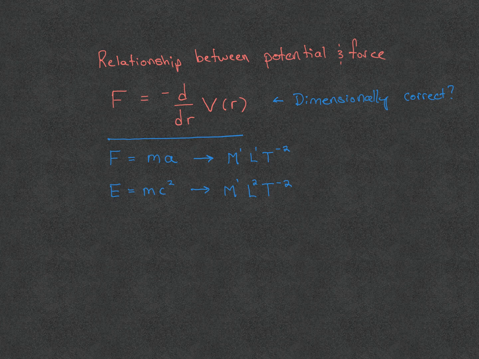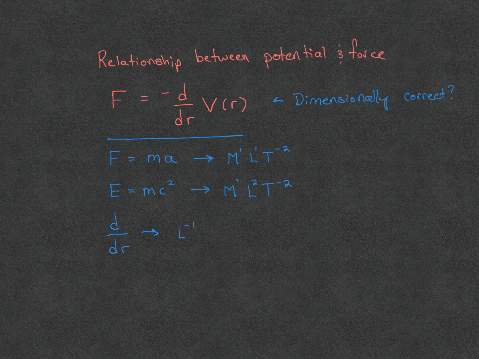It turns out that in dr, the numerator does not carry with it any particular dimensions. The denominator has dimensions of length, okay? So the dimensionality of this derivative operator is length to the minus 1, right?